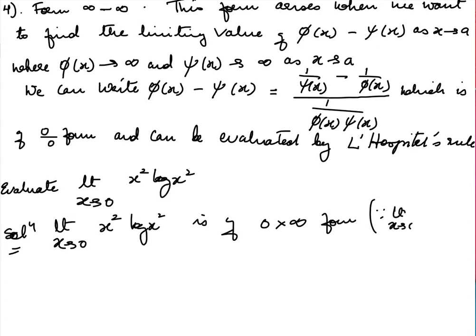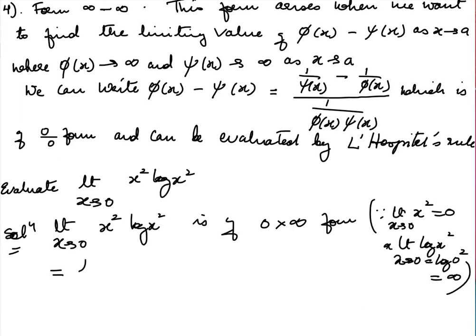Since the limit as x tends to 0 of x square is 0, and the limit as x tends to 0 of log of x square is equal to log of 0 square, which is equal to infinity, it is of 0 into infinity form. So you can reduce it to either 0 by 0 form or infinity by infinity form.